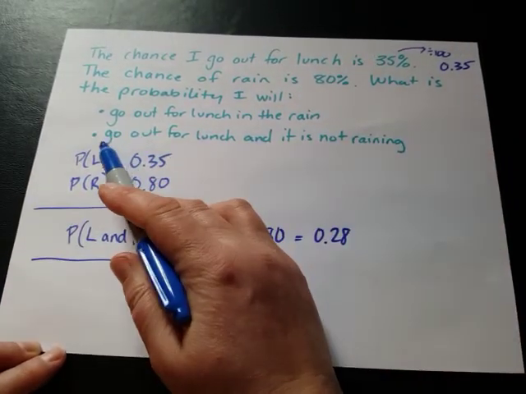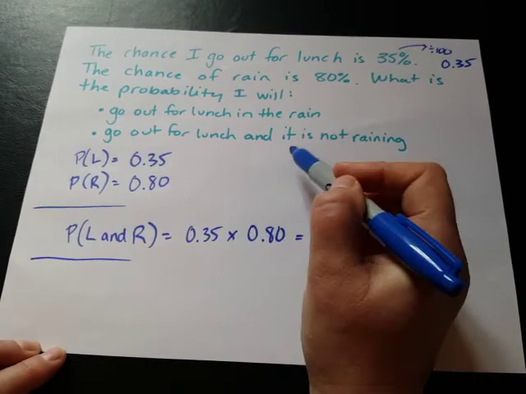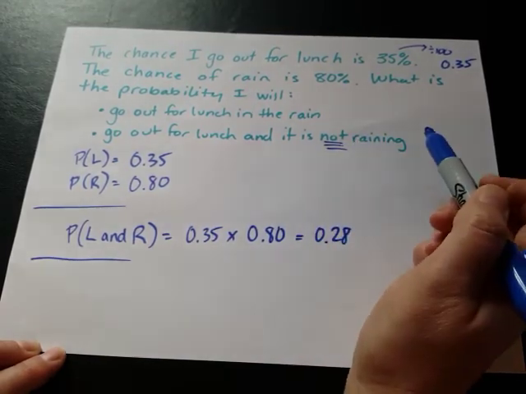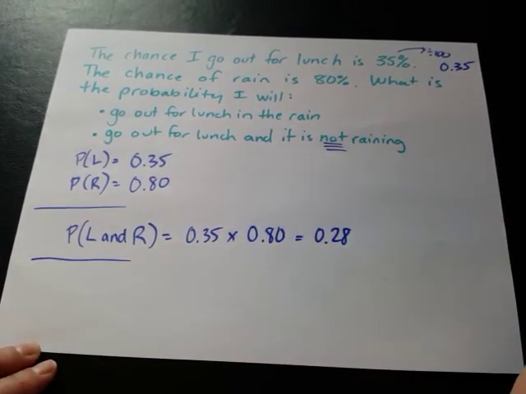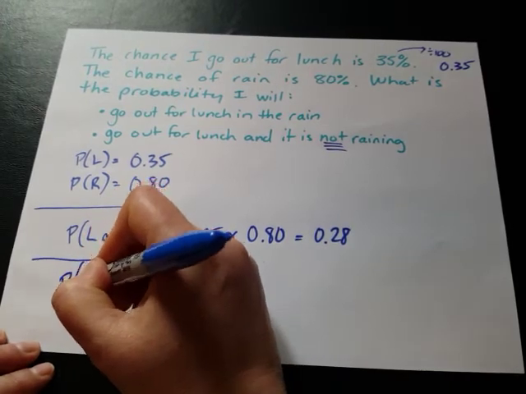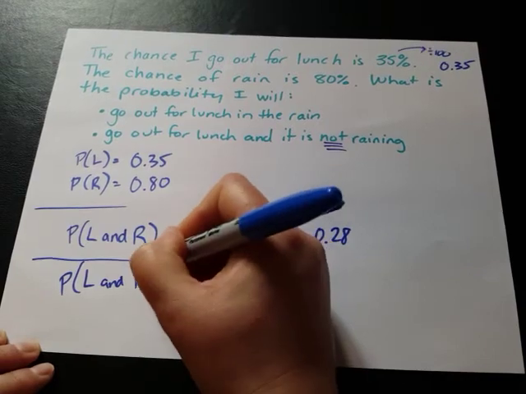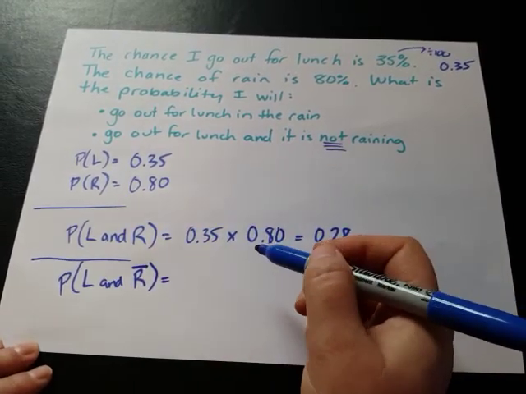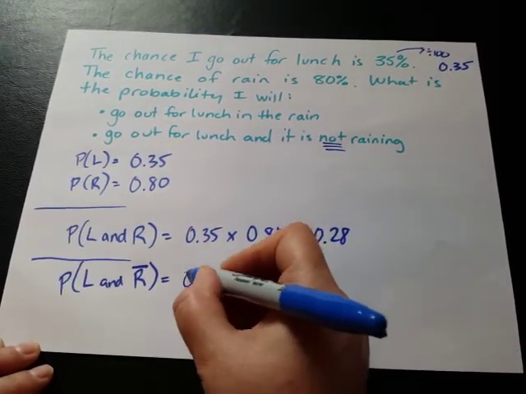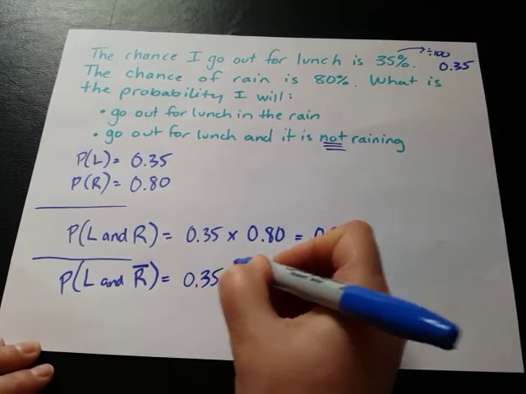example is asking, what's the probability that I will go for lunch and it is not raining? So we're thinking about that complement. So the probability of lunch and not rain. Notice that we're putting that line on top of the R. So lunch is the same.